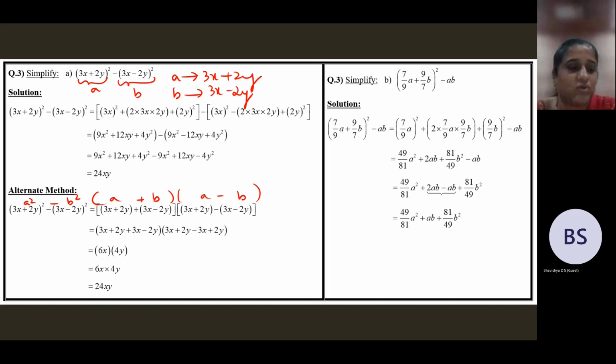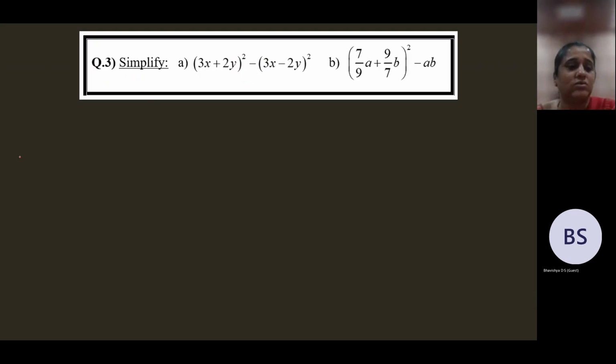Let me just write it and show it to you. It's 3x plus 2y the whole square minus 3x minus 2y the whole square.